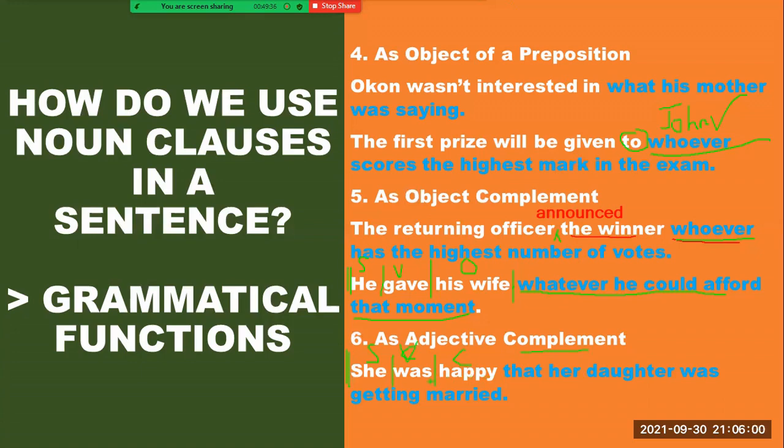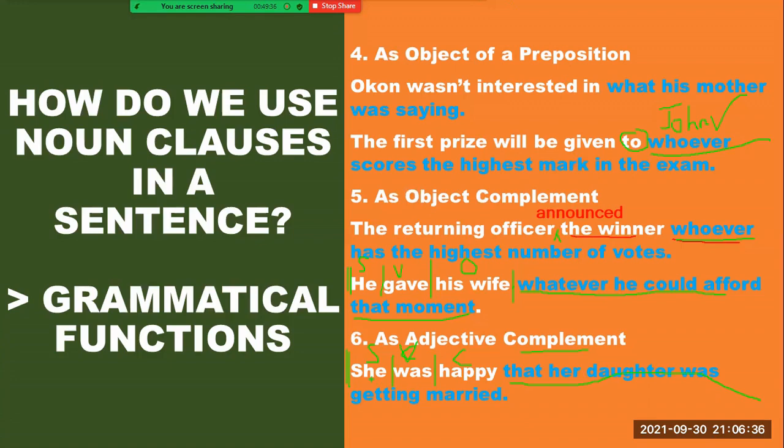Now, she was happy. And again, the question that arises here, you might want to know the reason for her being happy. You want additional information about her being happy here. And so this additional information is provided by a noun clause, and that completes the meaning of the adjective happy.